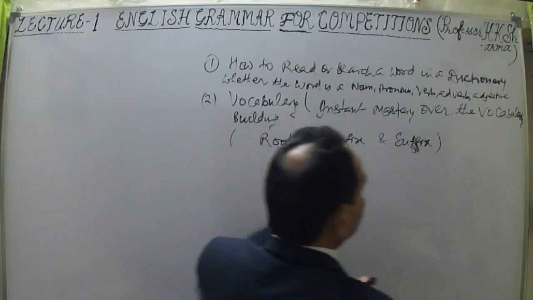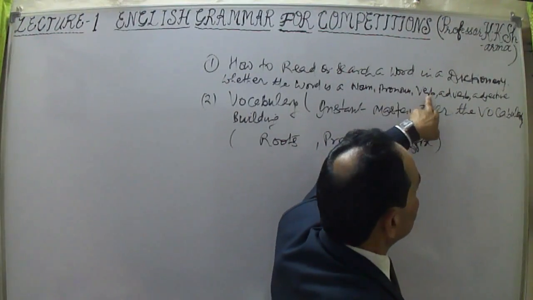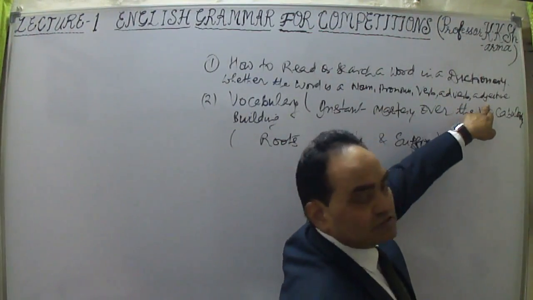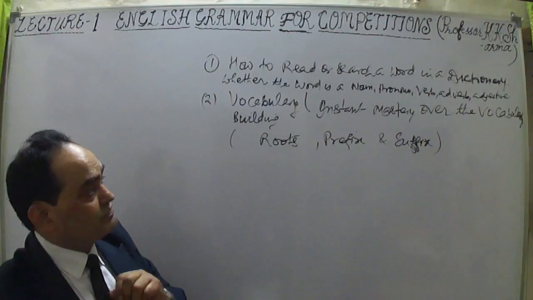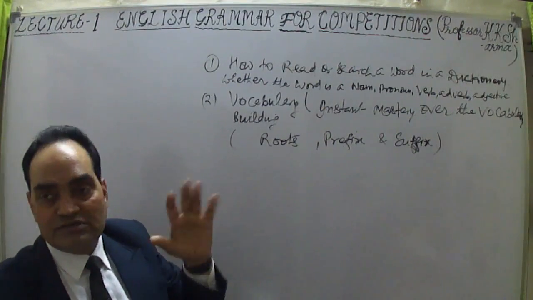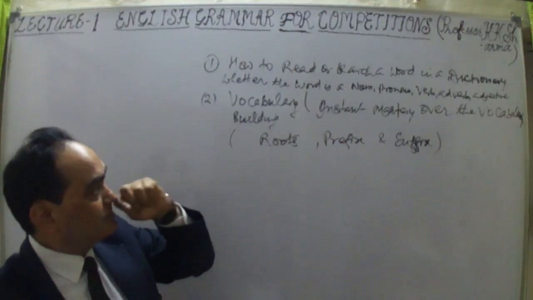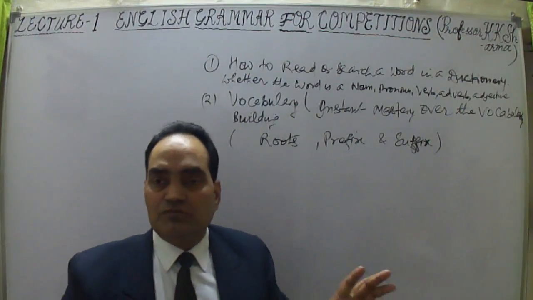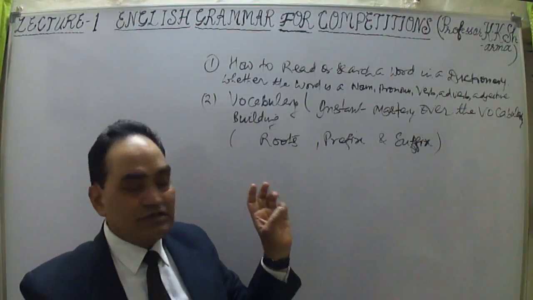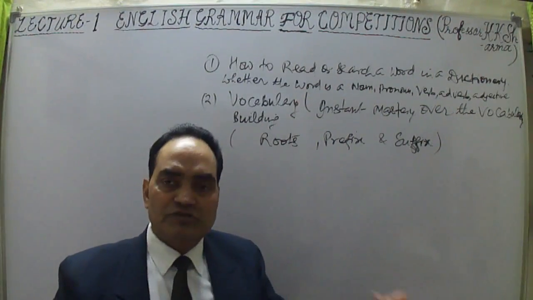These are the 8 parts of speech. Noun, pronoun, verb, adverb, adjective are five, and three more are there: conjunction, interjection, and preposition. We can take preposition in the end.